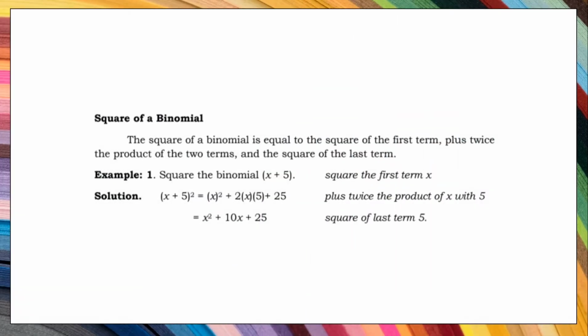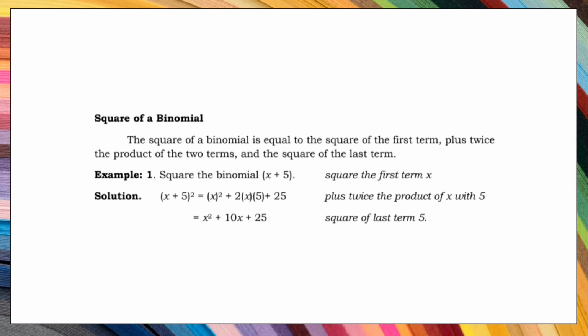Square of a binomial. The square of a binomial is equal to the square of the first term plus twice the product of the two terms and the square of the last term. So, example number 1, square the binomial x plus 5.